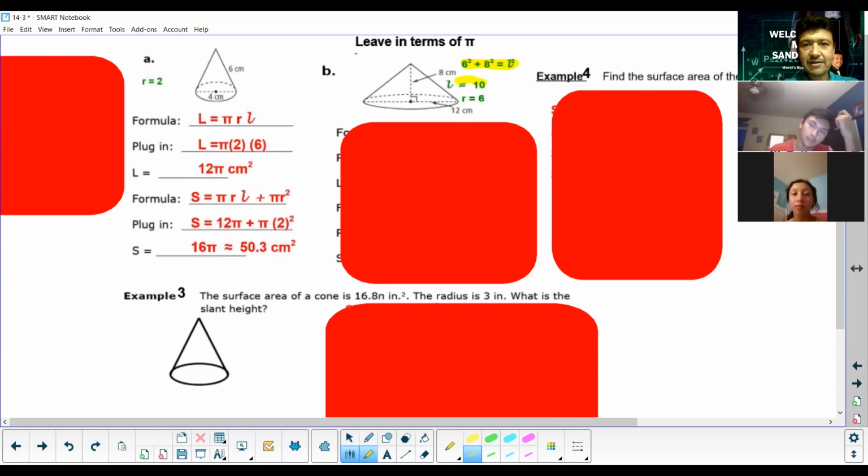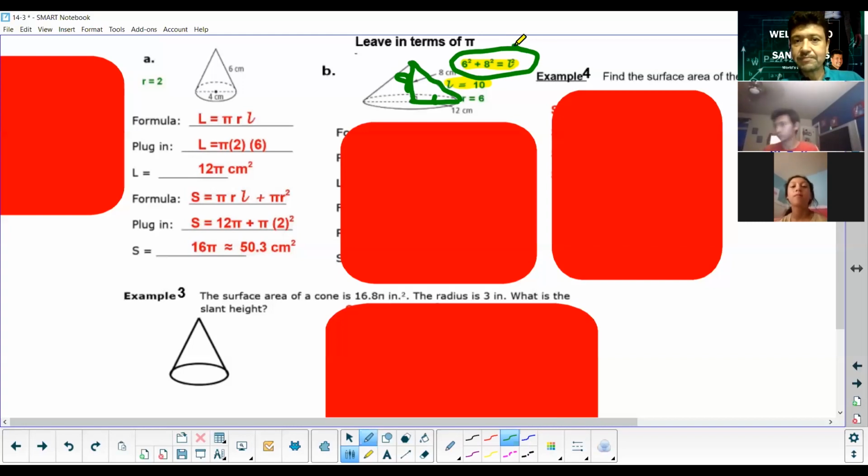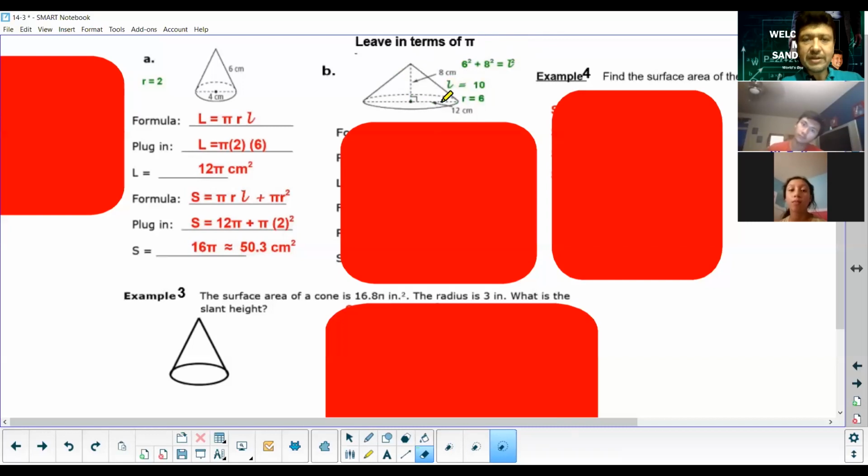You see this L right here? That's going to be important for us to use in the equation. What we were given is the height. If you're given the height, you can use this part right here. This is 6. This is 8. You can use Pythagorean Theorem to know what L is, which is known as the slant length. That's the reason why you see 6 squared plus 8 squared equal to L squared. Now you know what L is, Celeste.